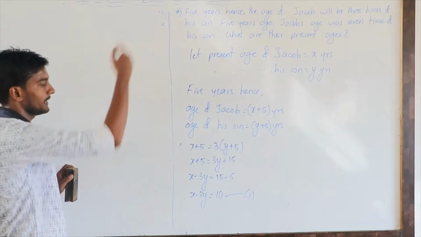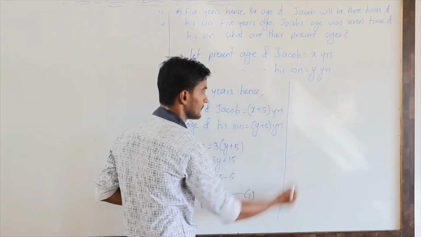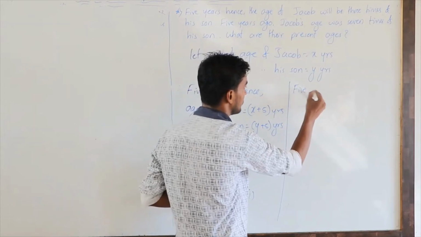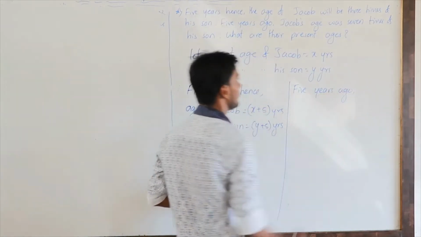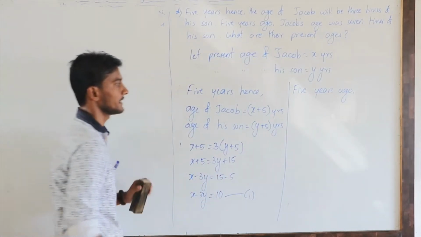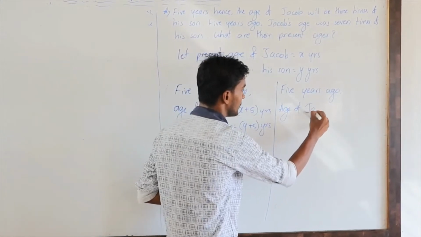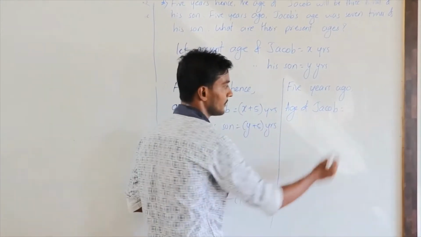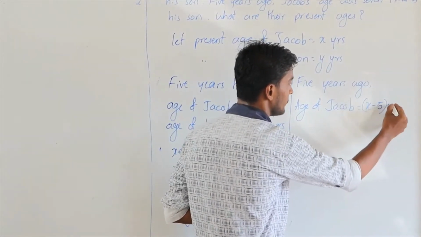So next, the second condition, 5 years ago. 5 years ago, it means before 5 years. So 5 years ago, the age of Jacob is equal to, present age is x, 5 years ago means x minus 5 years.